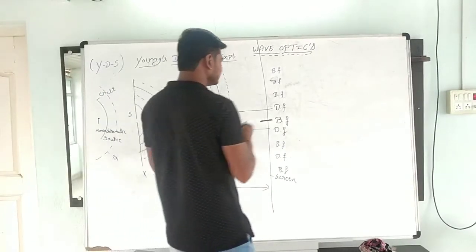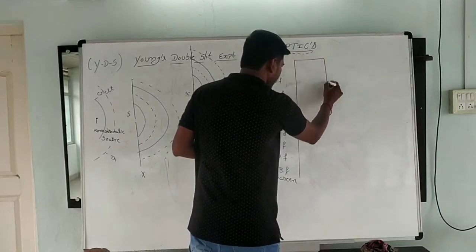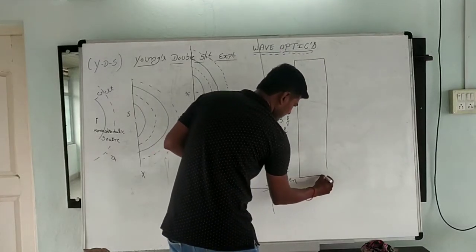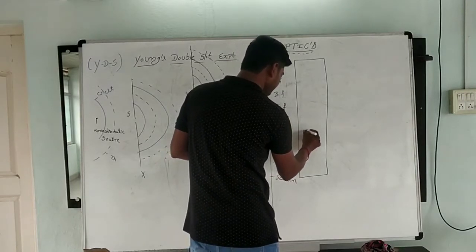That one we will write. This will be the screen. At the center you will get the bright fringe.